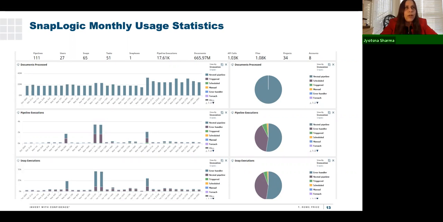You have Snaps for your legacy technology, DB2, VSAM, you name it, any file format. That makes it easier. You're not spending hours and hours of coding just to integrate data with your legacy system.